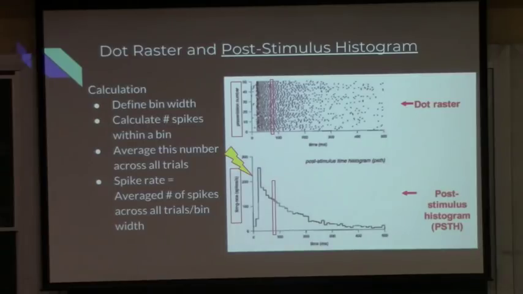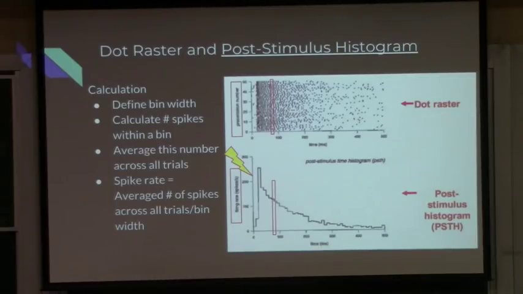The next thing you can do from a dot raster is make a post-stimulus histogram. As the name suggests, it tells you that we presented the stimulus, and after that we want to see what the behavior of the neuron looked like.